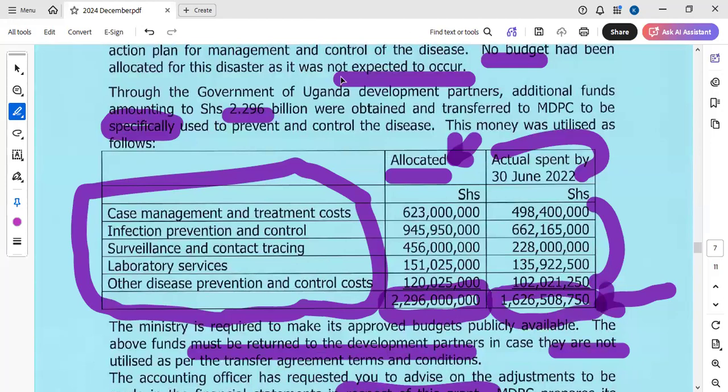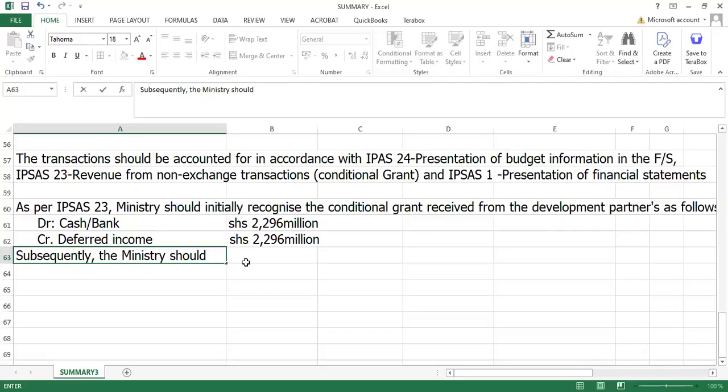So we can say that subsequently, the ministry should recognize revenue.